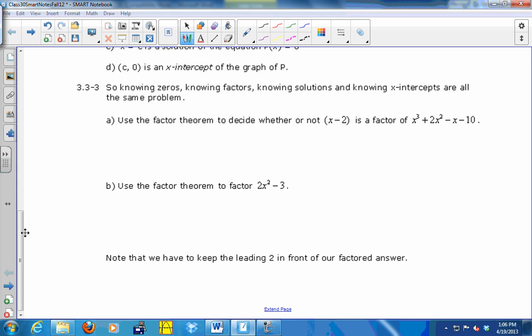Deciding if something is a factor directly is kind of difficult, right? If I say, is 5 a factor of 30? Yes. Well, how do you know that?